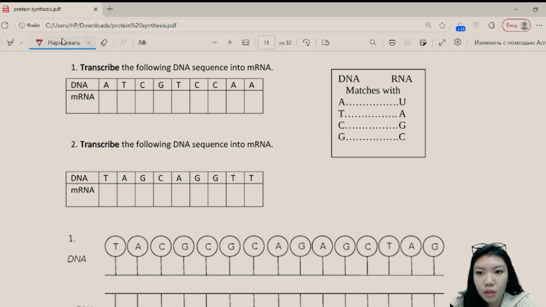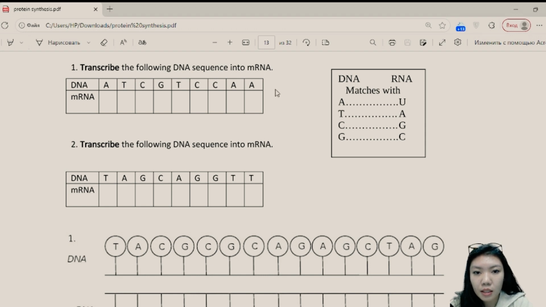So here we can see the DNA: A, T, C, G, T, C, C, A, and we need to convert it to mRNA. Here we can see the matching DNA and RNA. We know that adenine is complementary with uracil, because in RNA we don't have thymine. Thymine is complementary with adenine, cytosine with guanine, and guanine with cytosine. So adenine will be complementary with uracil.